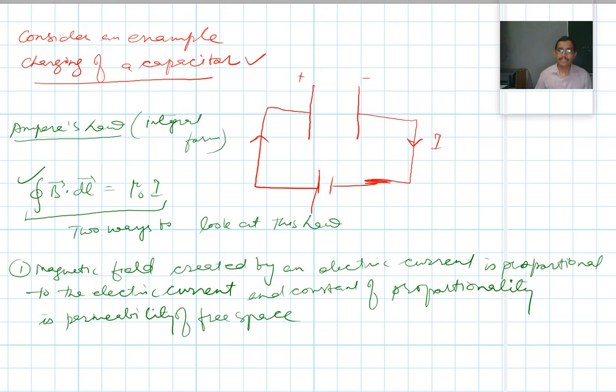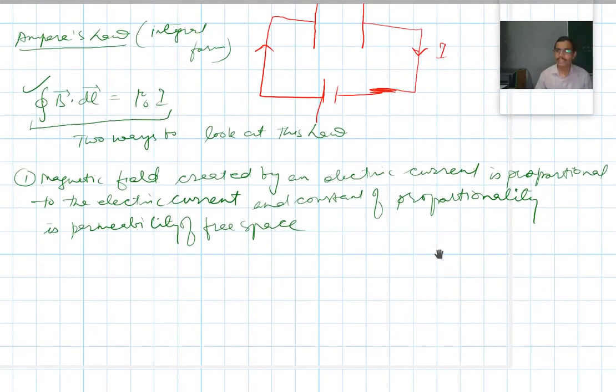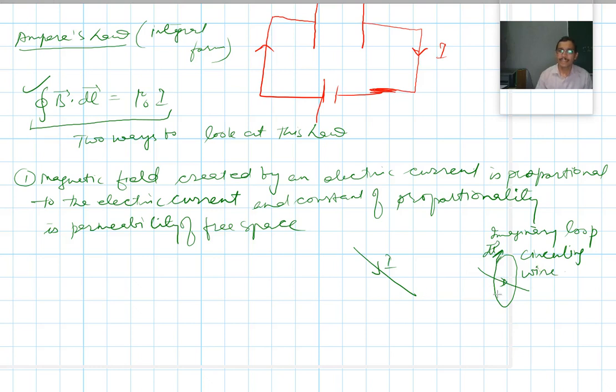Another way to look at this law: say a current I is flowing through a conductor. If I consider an imaginary loop circling the wire containing current, with a length element dl, there is a magnetic field because of this.